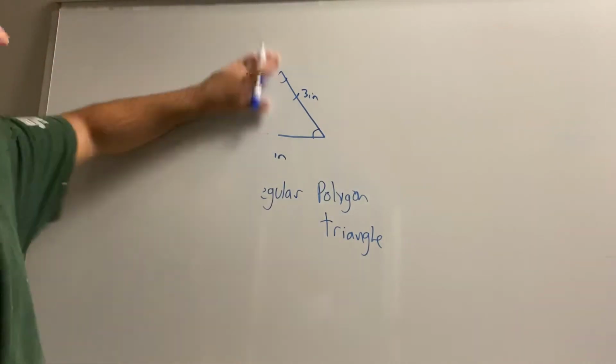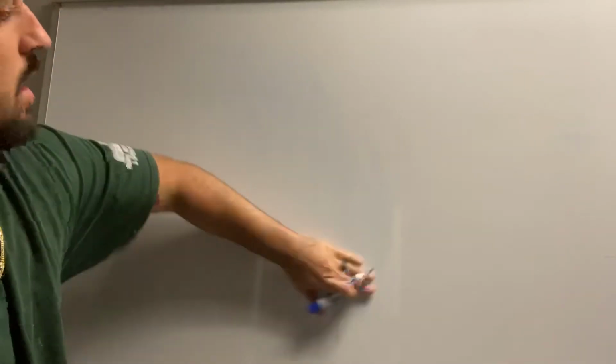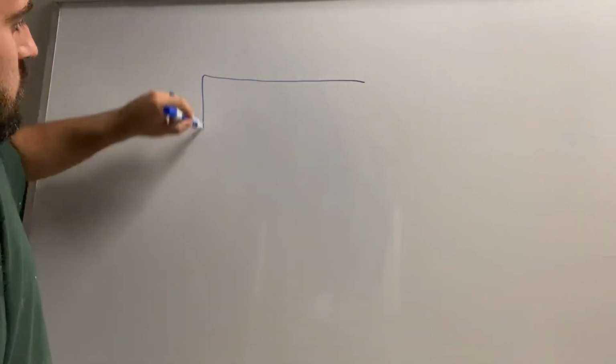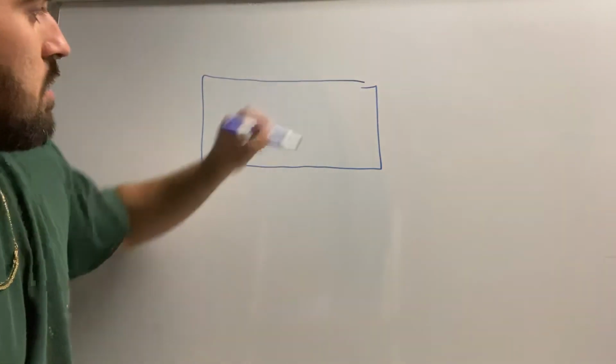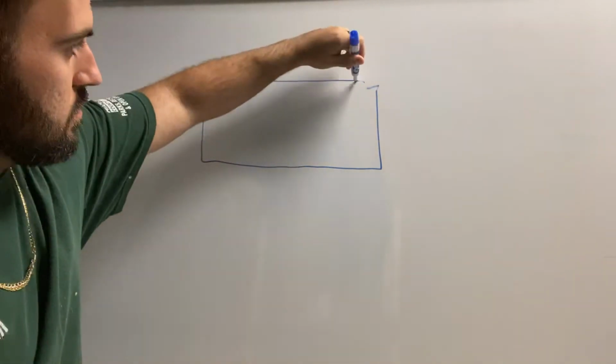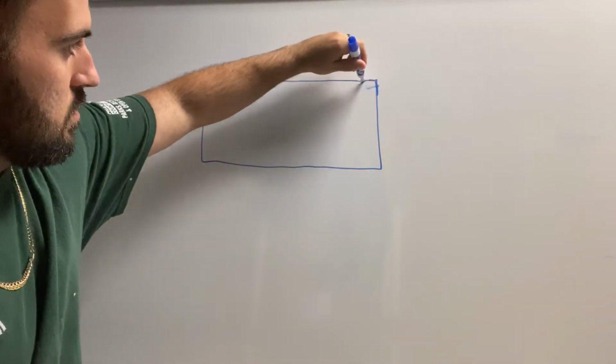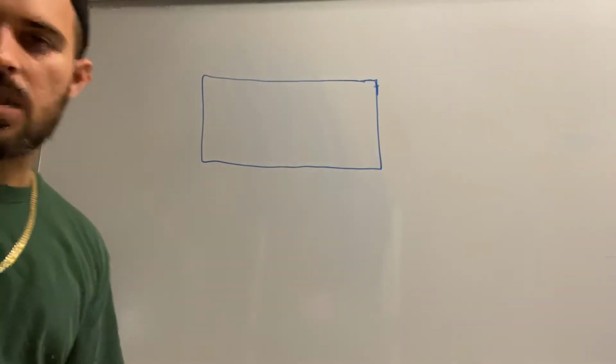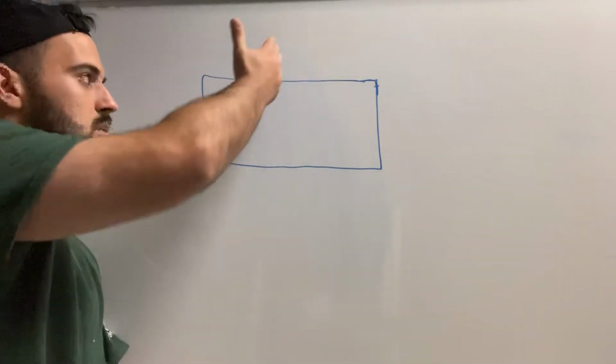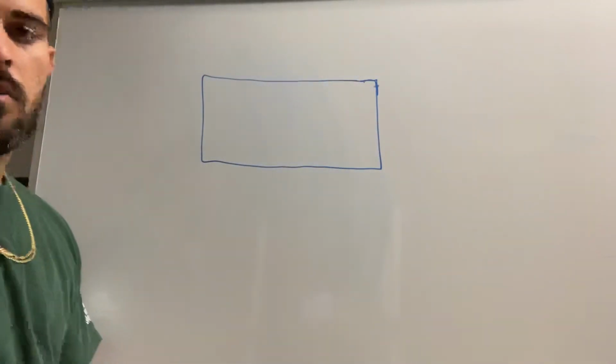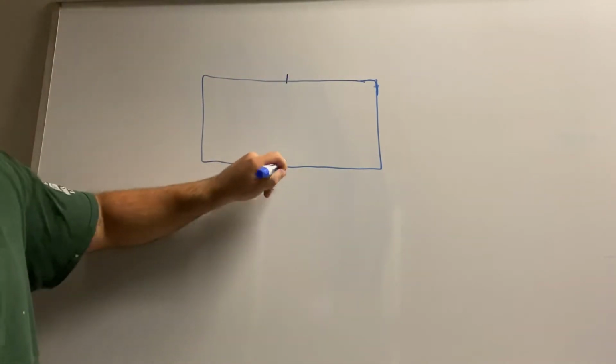Now let me show you something else that I felt a lot of us were confused on. Now, here we have a four-sided polygon, as you can see, 1, 2, 3, 4, right? And then we were looking at stuff that look kind of like this.